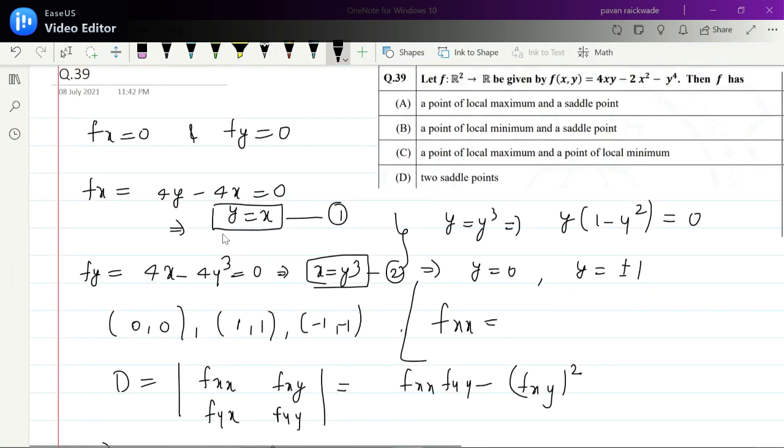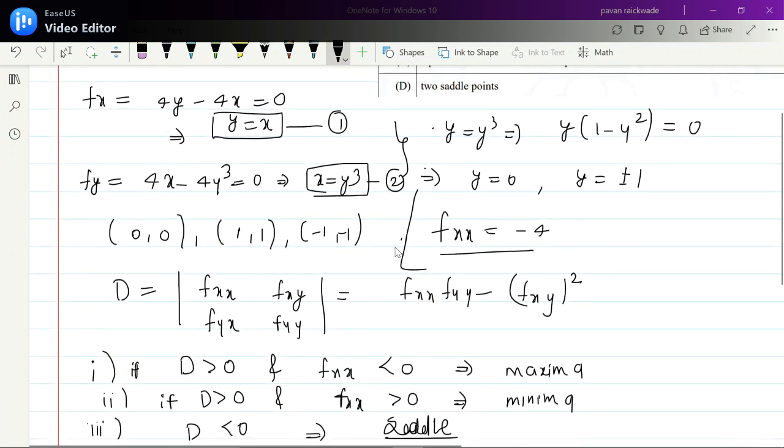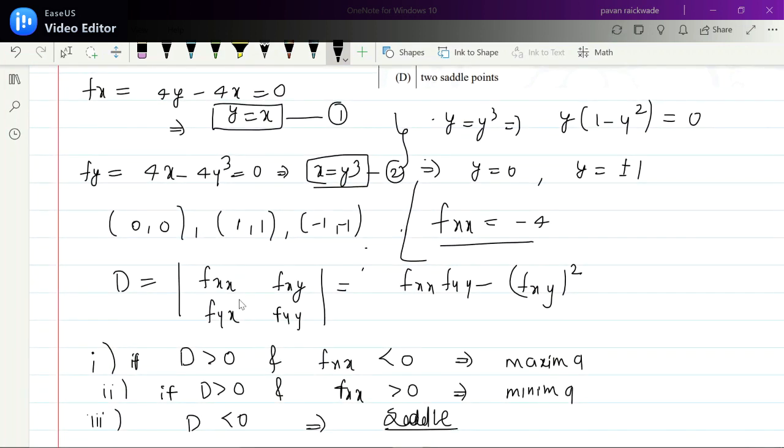Now if you observe, what is fxx? Fx is 4y minus 4x, so fxx is just minus 4. So for any point, fxx is always negative, so we'll either get a maximum or a saddle point, right? So we'll check the value of D at these points. What is fxy? Fxy is 4, and fyx is also 4, which must be the same as I said.